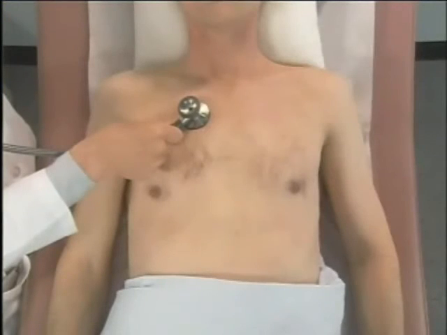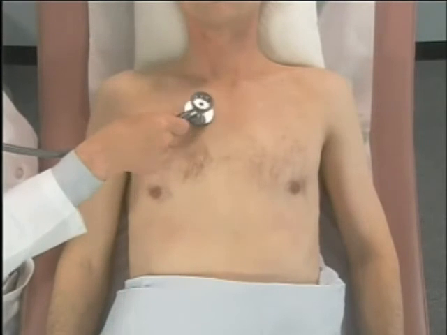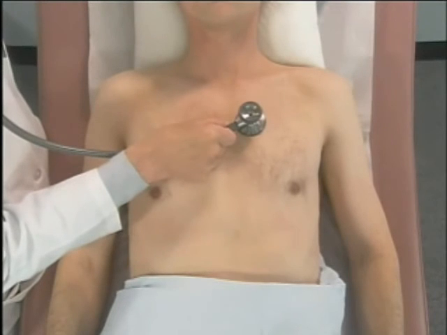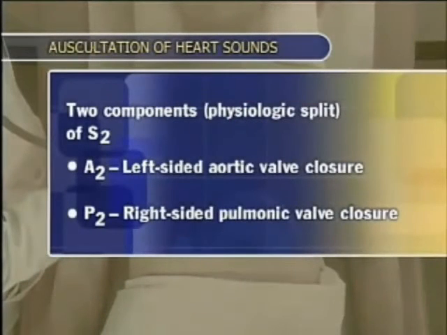Still listening in the aortic area, but focusing more in the pulmonic area, try to identify the inspiratory splitting of S2 into its two components. Its first component, A2, is from left-sided aortic valve closure. Its second component, P2, comes from right-sided pulmonic valve closure.